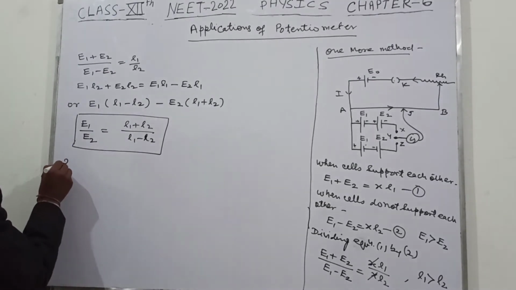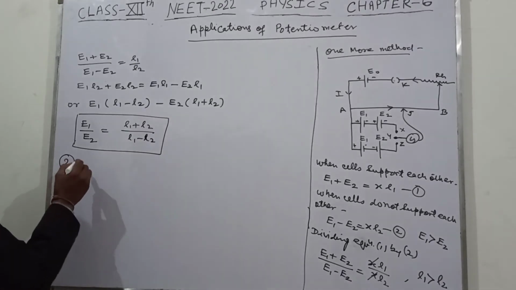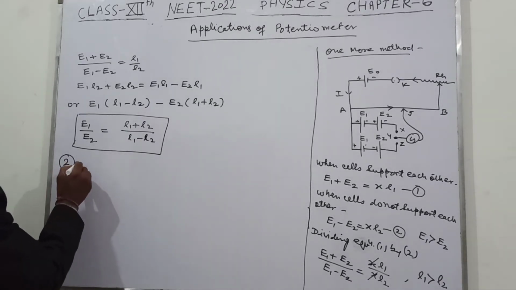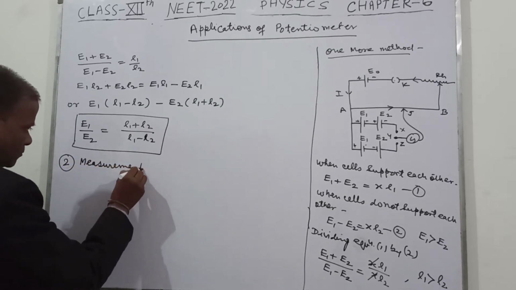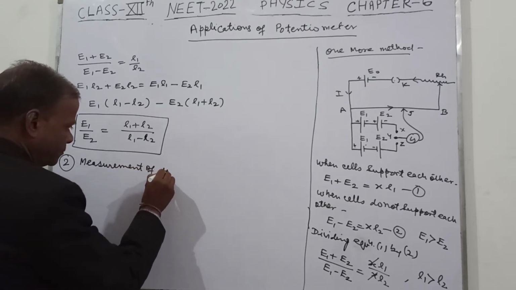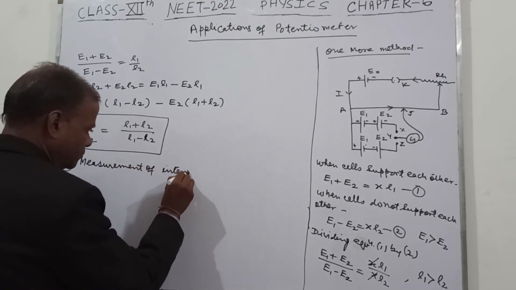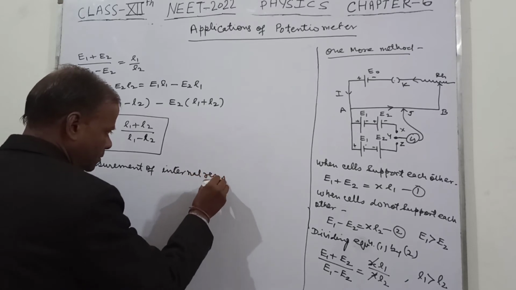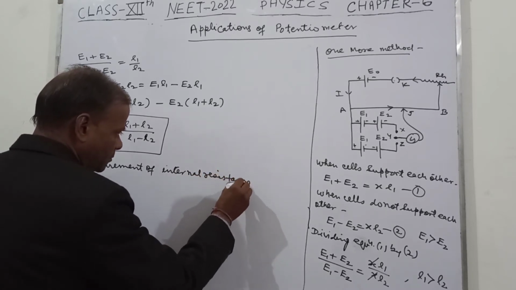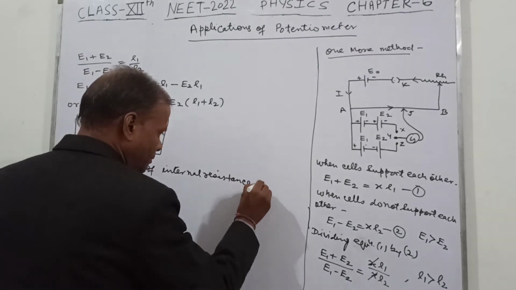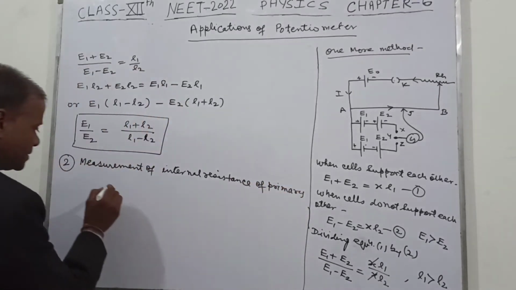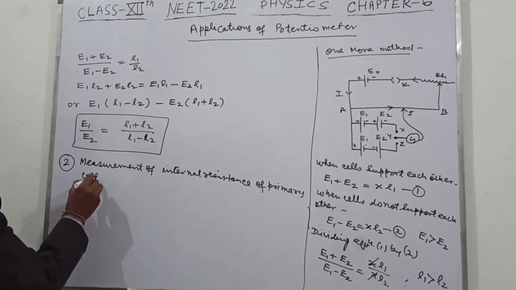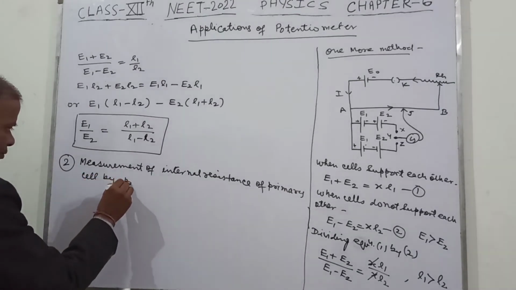Now the second application: measurement of internal resistance of primary cell by potentiometer.